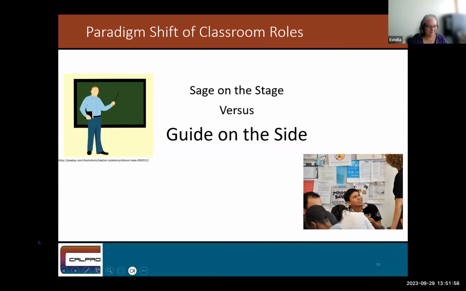Go ahead, Zenobia. I think it's the student-centered versus teacher-centered type of class, right? So with sage on stage, like she said, the teacher has the knowledge and the students have to just absorb it.